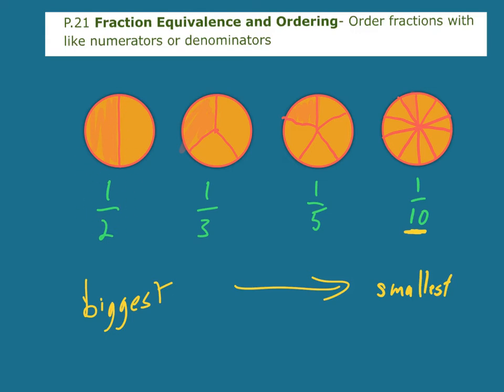So when we talk about ordering these with common numerators, the smaller the denominator, the bigger the slice, because I'm dealing with 1 out of only 2 versus 1 out of 10. So think about how it makes sense when you're ordering them. Again, these are like numerators. So let's try another one with like denominators.